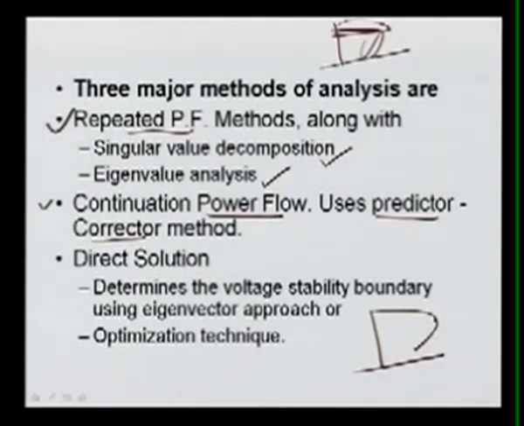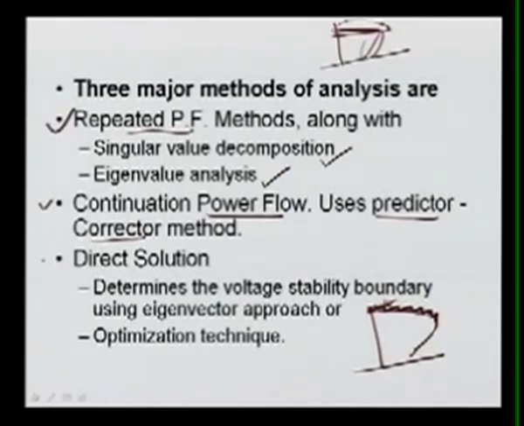In this method, first we start from some initial guess, then predict, then correct, then predict, correct, predict, correct, and finally we converge here, and similarly we can go to the lower part. Here the vertical axis is the corrector step and the horizontal is the predictor step, and thus we can achieve the complete curve, the upper as well as the lower side. This is a very popular method for voltage stability analysis.